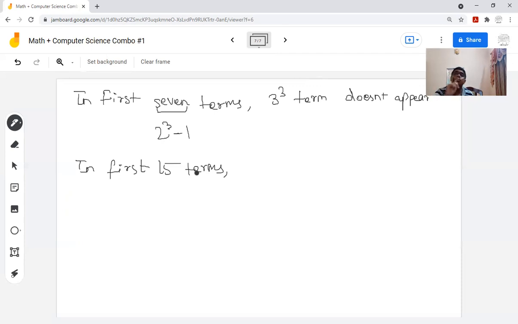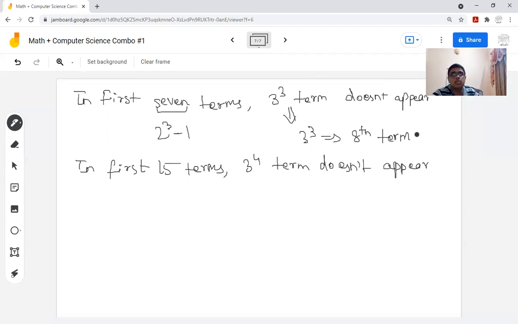And 3 power 4 would appear after that by our claim. So the 3 power 4 term doesn't appear here. Obviously, in both of these cases, 3 cube would just be the 8th term, just after the 7 terms. You can verify. And here also 3 power 4 would just be the 16th term.